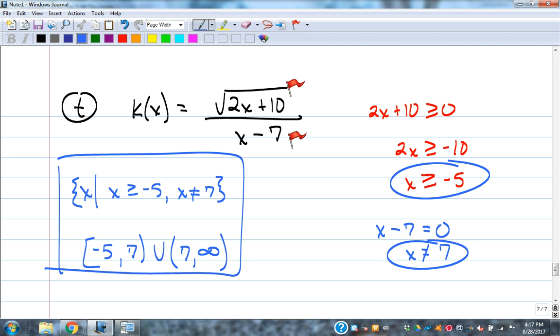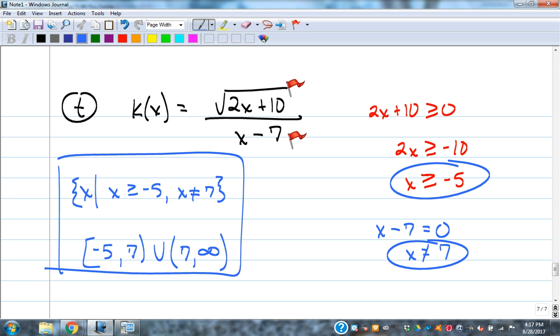Now, one last thing before we take a short break. If the square root is in the denominator, what part of the inequality do we lose? I heard somebody say it. The equal to part is the part we lose.